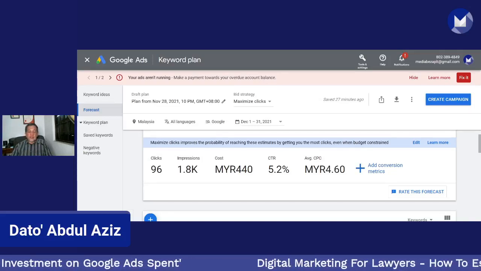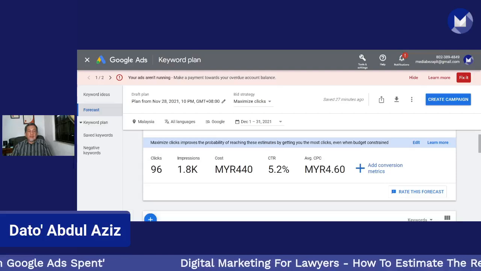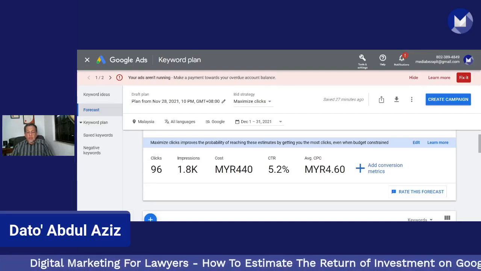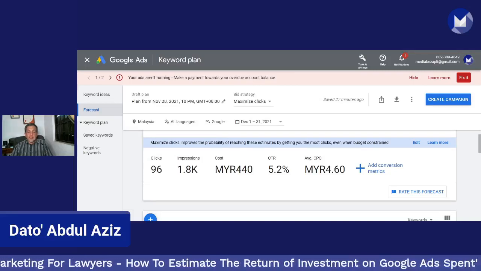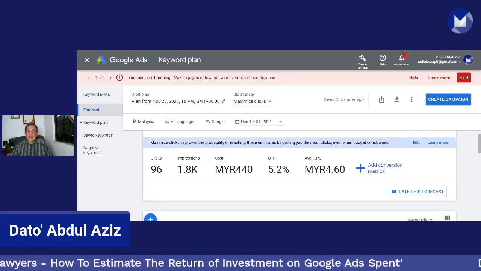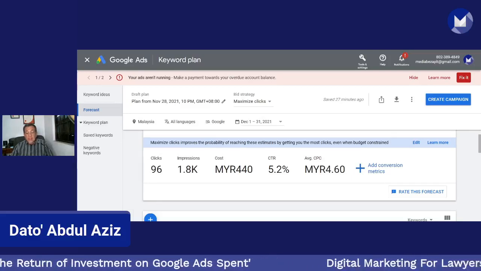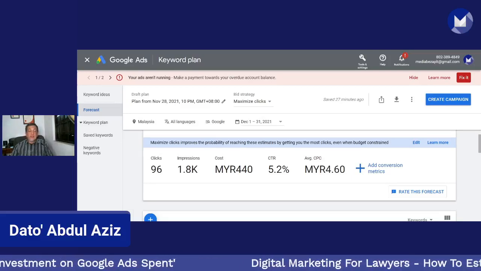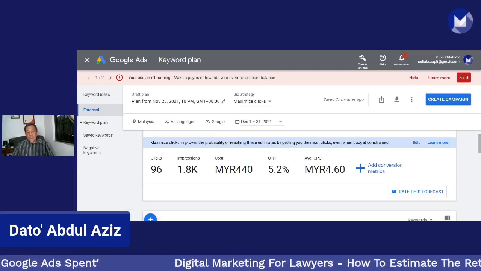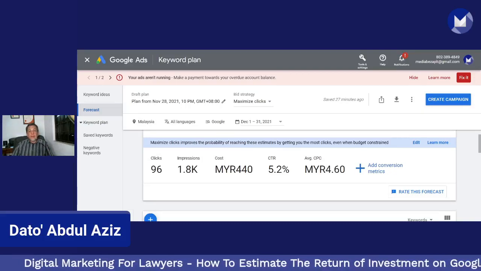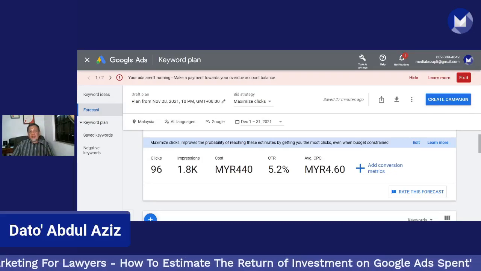I know in Malaysia, most legal firms probably charge about 200 ringgit per appointment. So if you get 15 appointments times 200 ringgit, that's about 3,000 ringgit, and you're only spending 1,000 ringgit for your Google Ads. So it shows that you're actually making a good return.